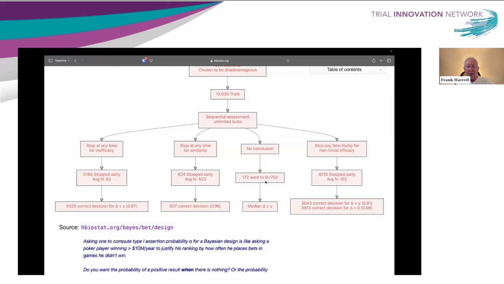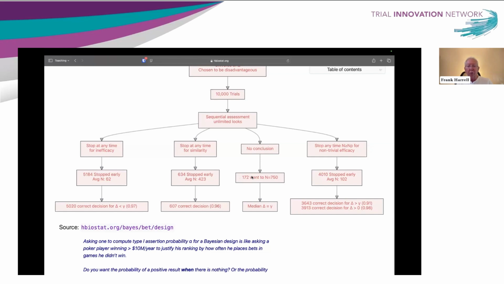We've randomized 750 patients, which is the maximum we were going to randomize. Now, if you look at what was going on in these 172 clinical trials, and you know this number is tiny compared to the way clinical trials are actually designed nowadays, this is a very good outcome.